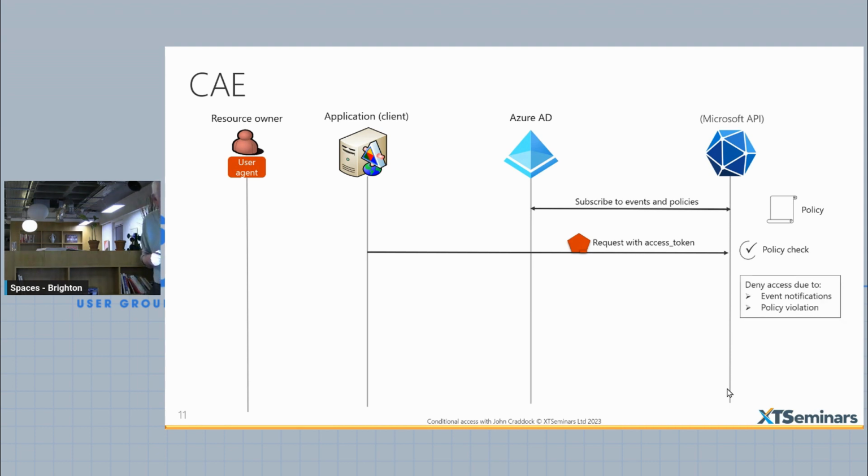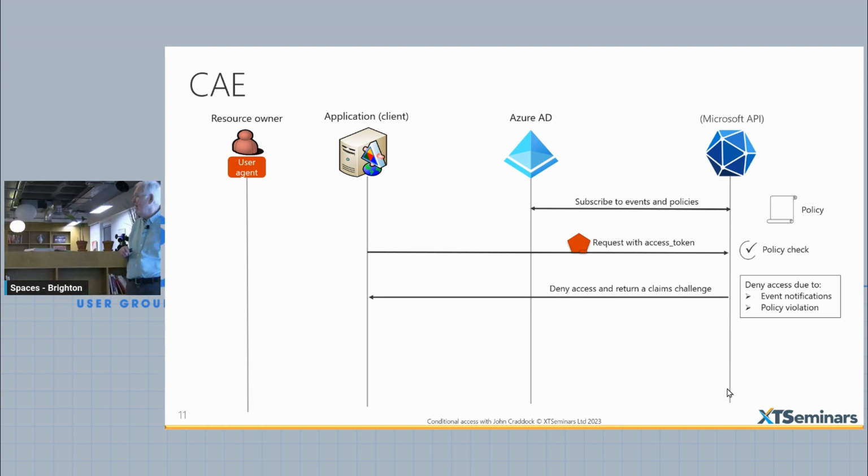It's also checking for significant events, like users changing their password, users' accounts being locked, and various other events. If it's notified of those, the API will deny access, and it returns what's called a claims challenge.